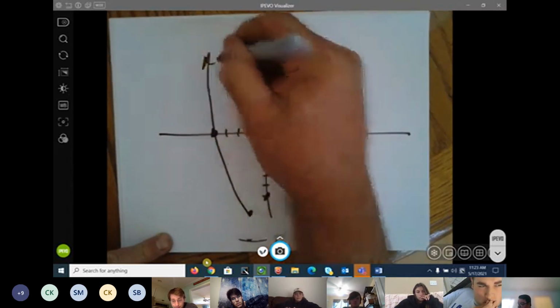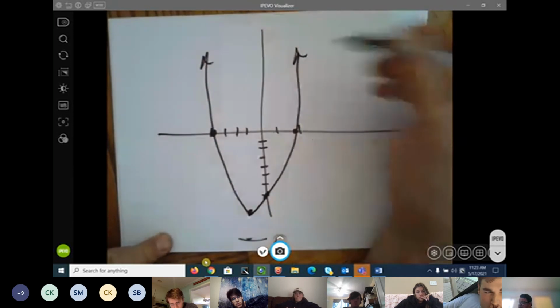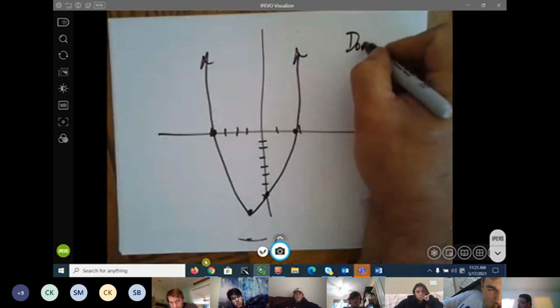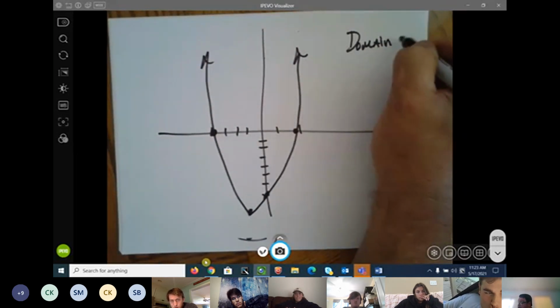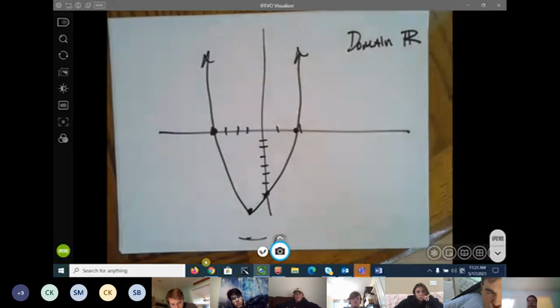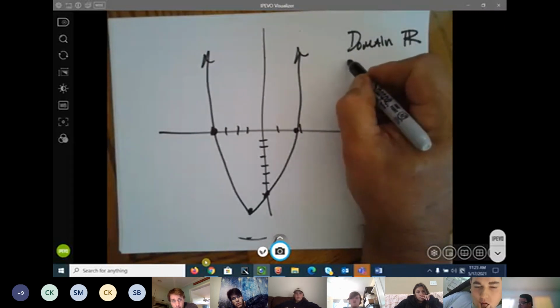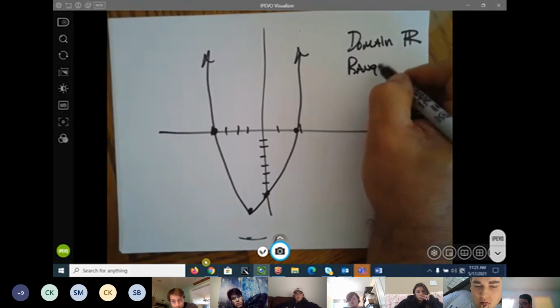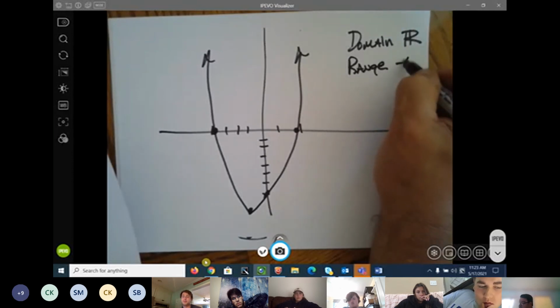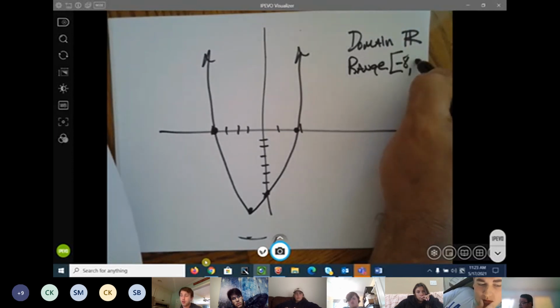And you've got a parabola going this direction with the domain of all reals because it's not a radical or a rational. And the range is from -8 to infinity.